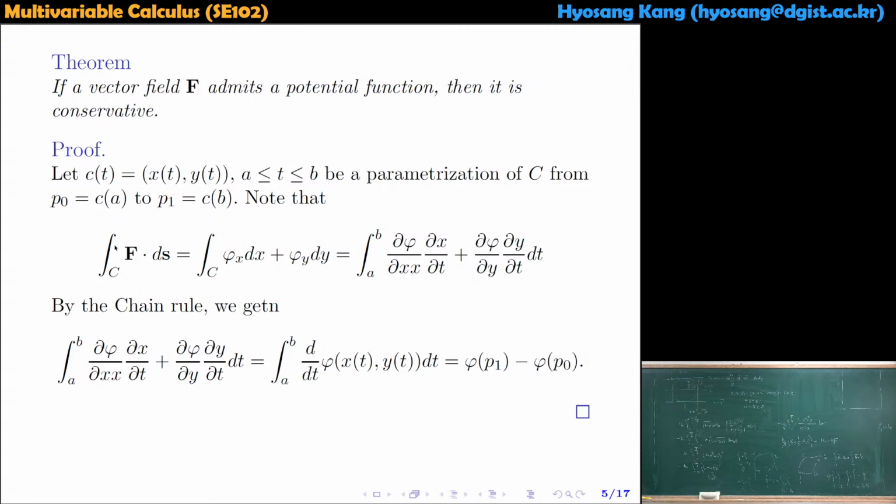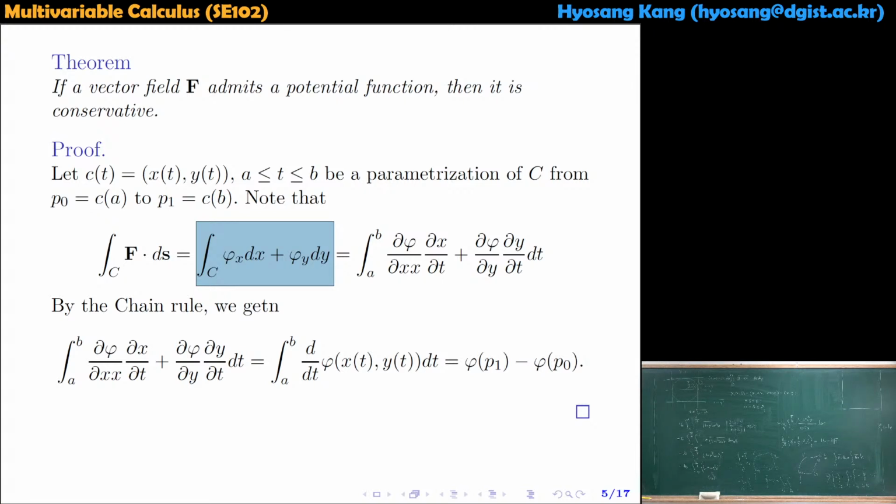So let's rewrite this line integral in terms of another notation. We assume that this f admits a potential function. So the first coordinate of f, the vector field, is phi x, and the second coordinate function is phi y, right?